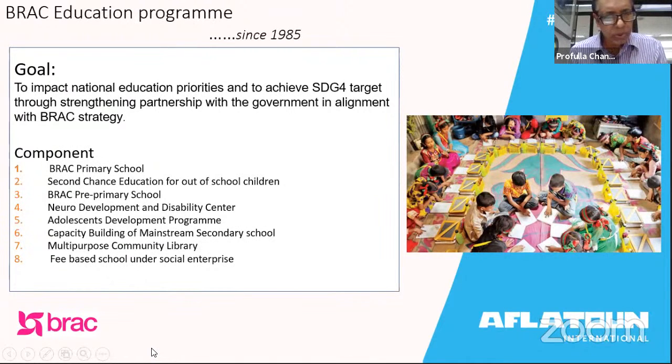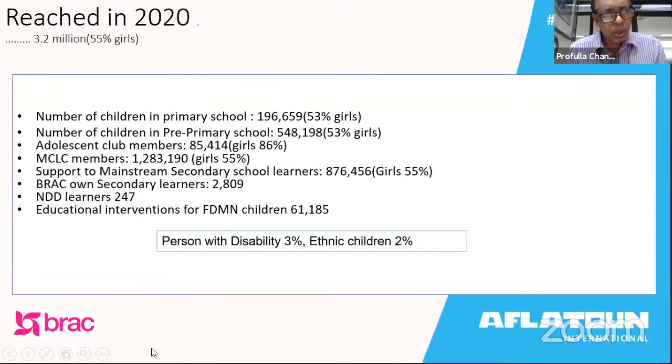Aflatoun is incorporated in BRAC primary school, second chance education for out-of-school children, BRAC pre-primary school, the adolescent development program, as well as fee-based schools under social enterprise. In Bangladesh this year, government primary education enrollment is reaching more than 98%, so we are reducing our own primary schools.